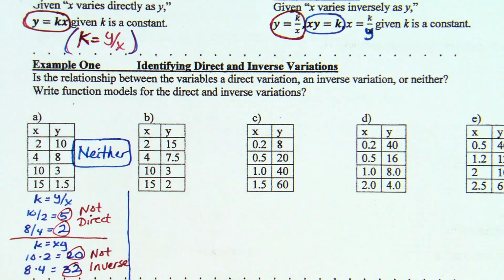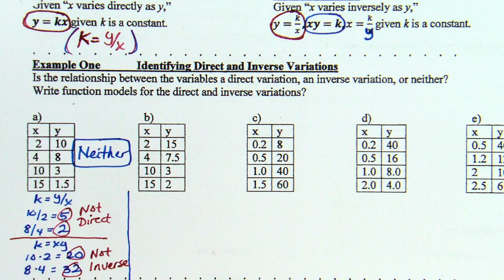What are you guys thinking in B? What should we try doing? You want to try multiplying or dividing them first? Multiplying them?